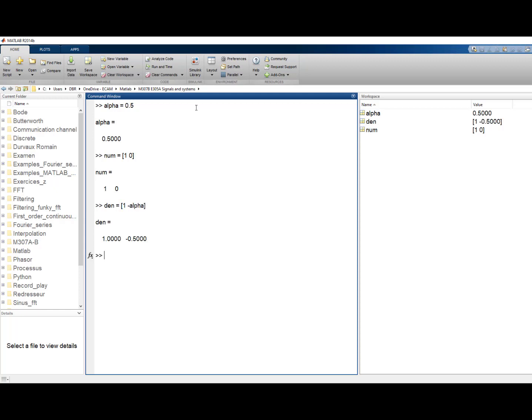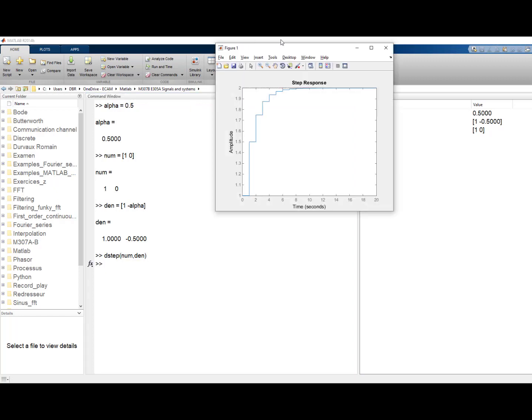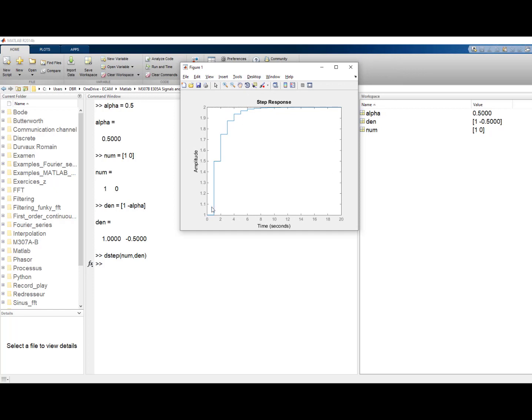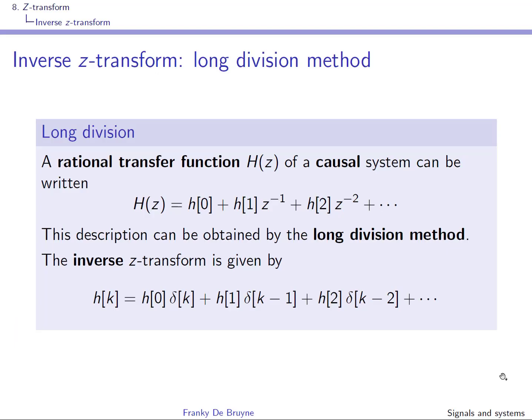And because we are computing the step response, it's the discrete step response, dstep, num, den. And this is what we have here. Okay, so we see here indeed that at 0 the response is 1 and it tends to 2. So this is indeed equal to 1 over 1 minus alpha, so 1 over a half, which is 2.